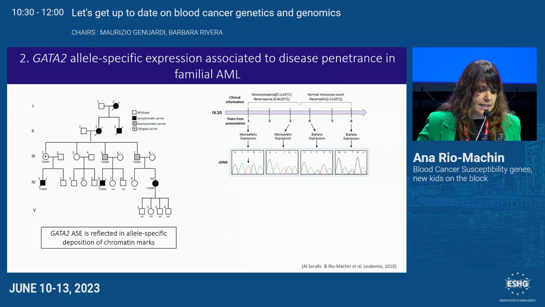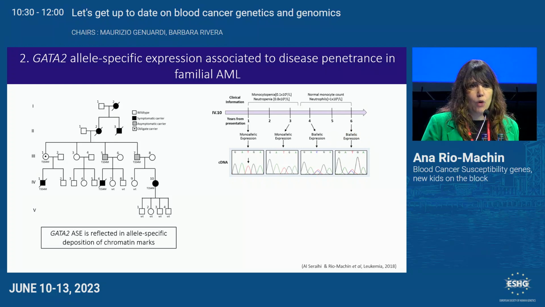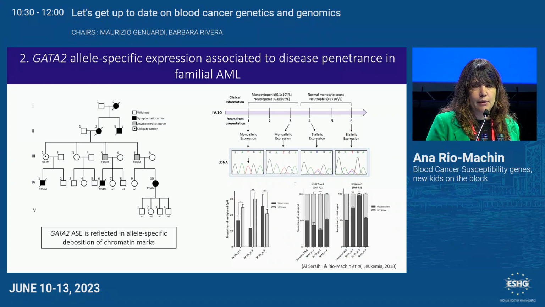So we sequenced the cDNA. Again, in these time points, we observed the monoallelic expression. Only the mutant was expressed. She recovered the expression of the wild-type allele when she also recovered from her symptoms. And we aligned this with allele-specific deposition of chromatin marks.